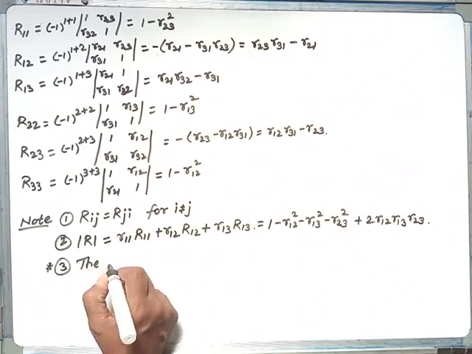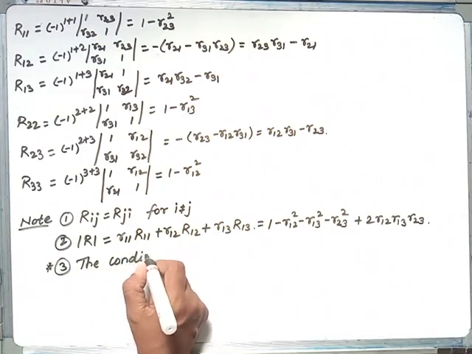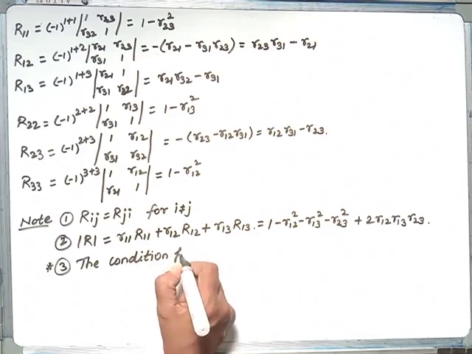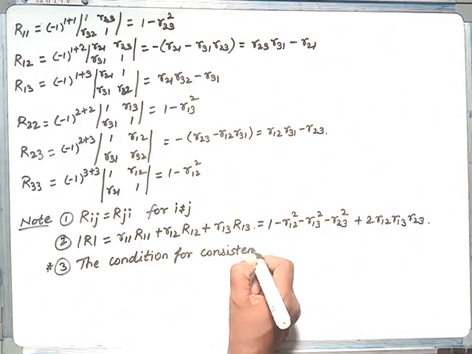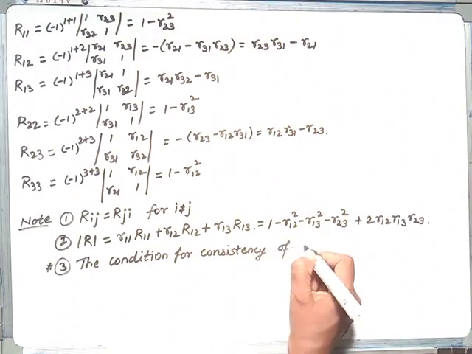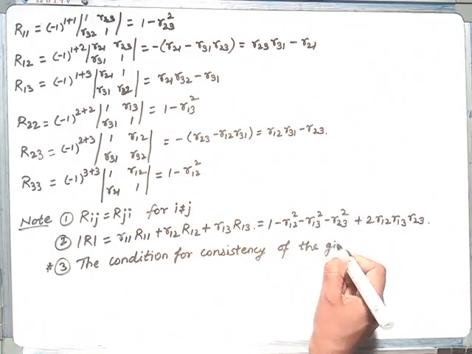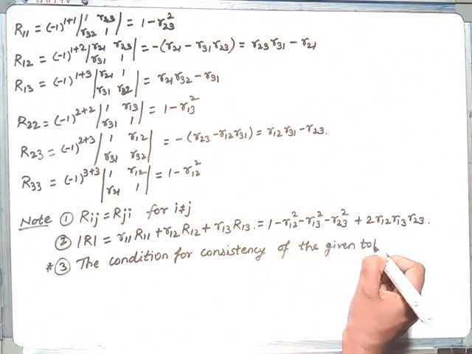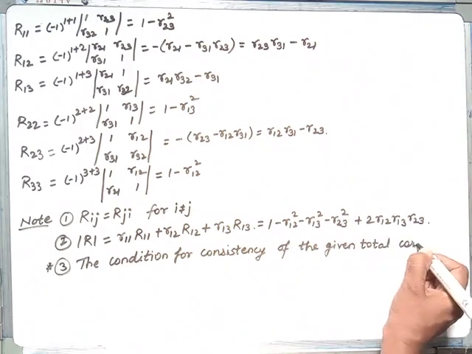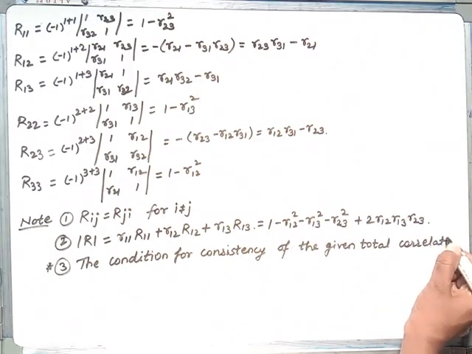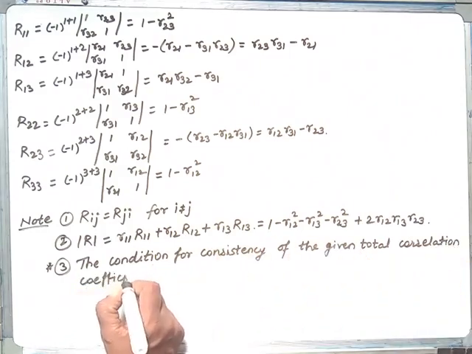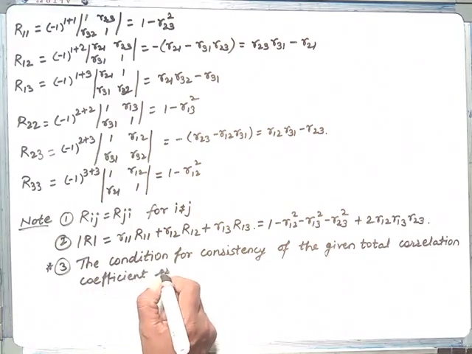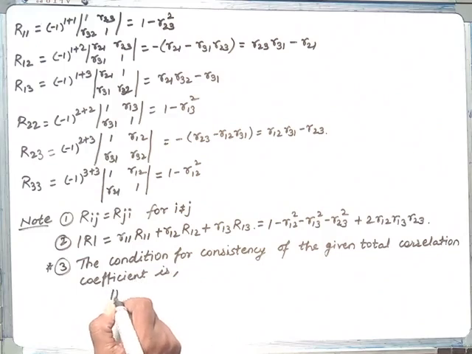The condition for consistency of the given total correlation coefficients is determinant of R greater than or equal to 0.